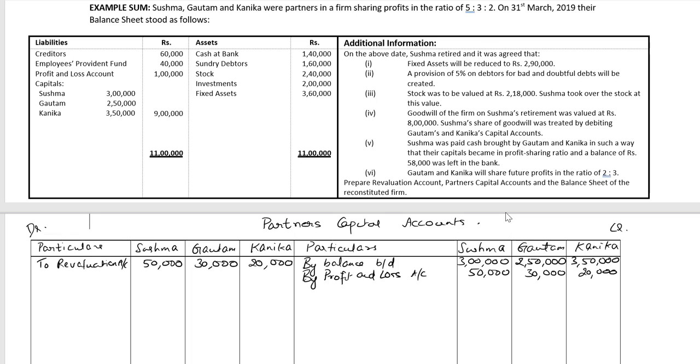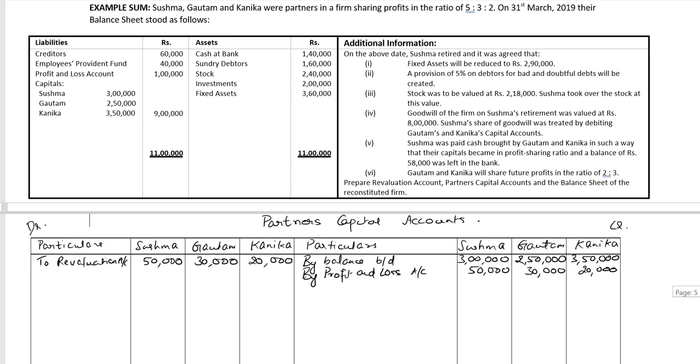There are no fictitious assets. Let's deal with the next point, goodwill. There is no existing goodwill also. As per point 4, goodwill of the firm was valued at rupees 8 lakh. Let's treat goodwill in the working notes.